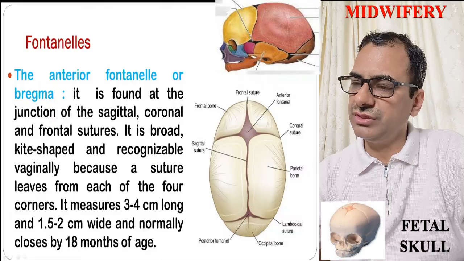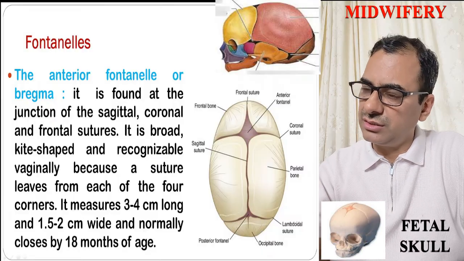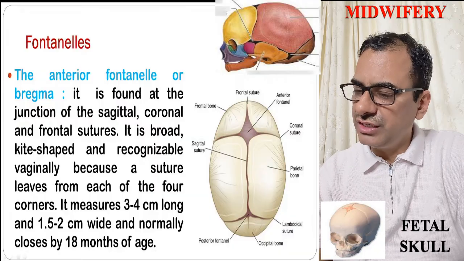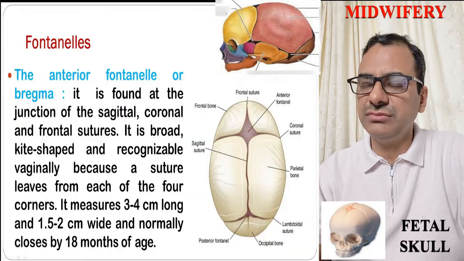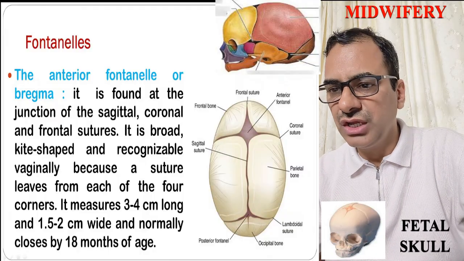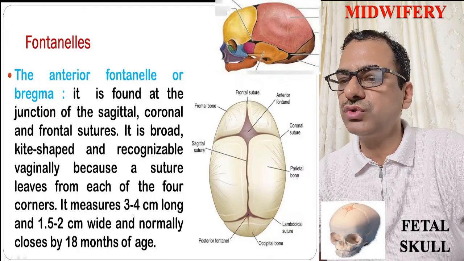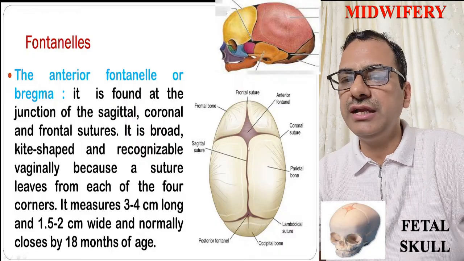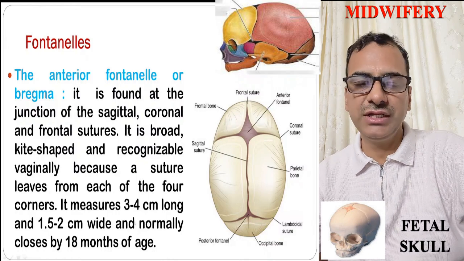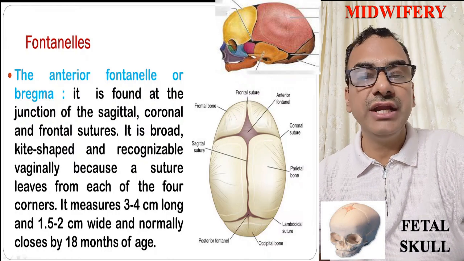Again, when we do PV examination, if we feel a kite-like shape, then we can understand that this is the anterior fontanelle. It measures 3 to 4 centimeters long and 1.5 to 2 centimeters broad. It closes normally by the age of 18 months.